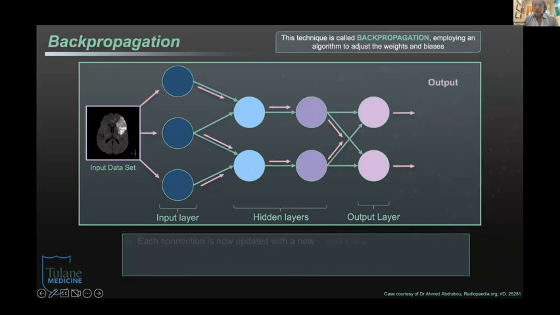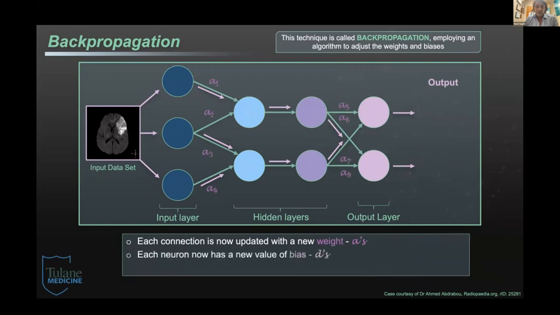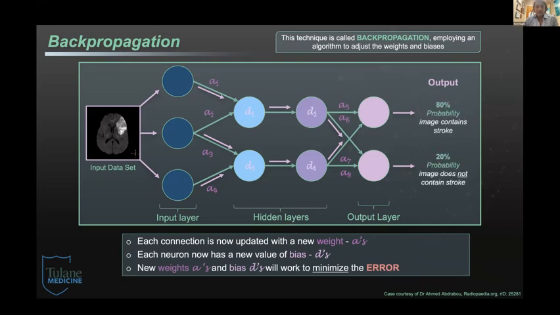This technique is called backpropagation, employing an algorithm to adjust weights and biases. Each connection is now updated with new weights, and each neuron has new values of a bias. And these alterations of weights and biases will work to minimize error in the network.